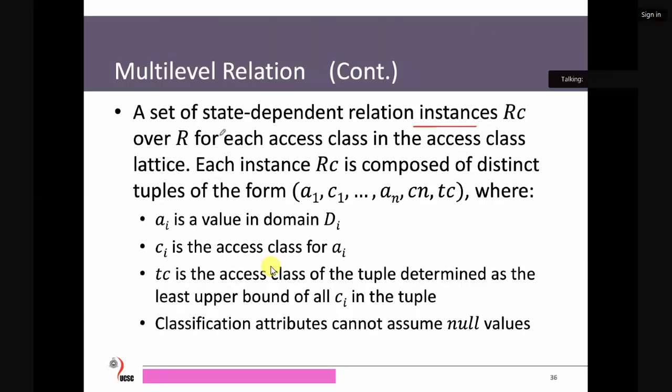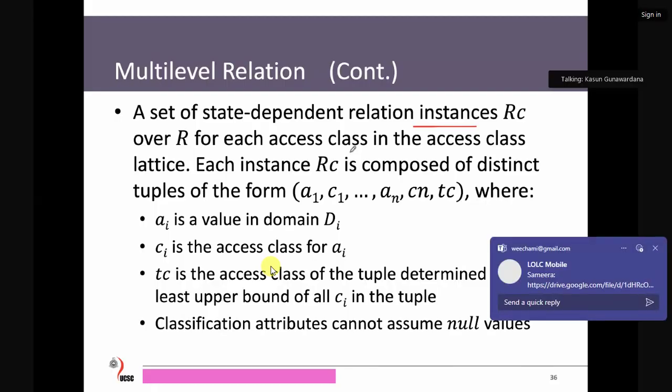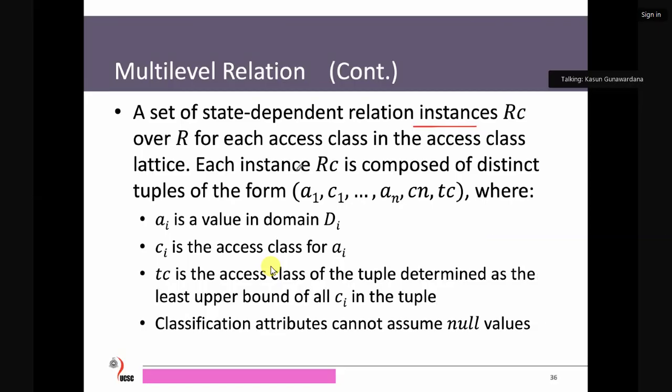So we will have data in different instances, a set of state-dependent relation instances over R for each access class in the access class lattice. Each instance RC is composed of distinct tuples of the form where Ai is a value in domain Di, whatever the value.